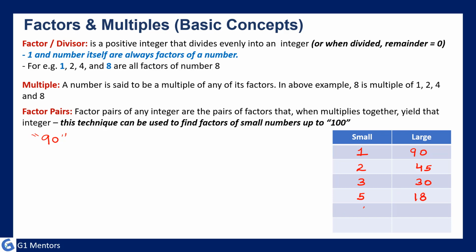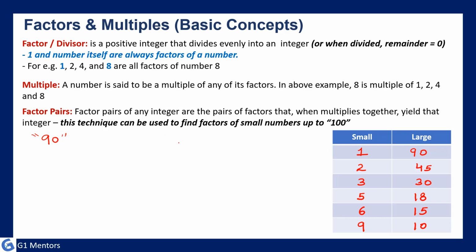90 divided by 5 is 18. Then I similarly go to the next number 6. 90 divided by 6 is nothing but 15. Then 7. No, 90 is not divisible by 7. 8. No. Then 9. 90 divided by 9 is 10. So there is no need to take 10 here because 10 has already come.